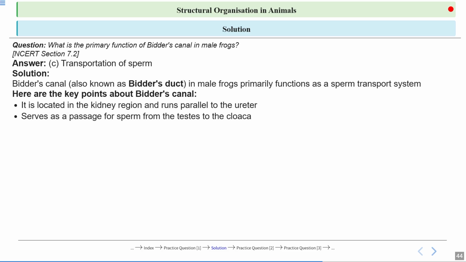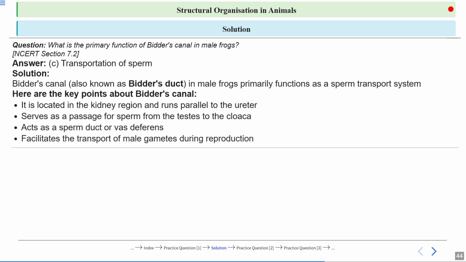Serve as a passage for sperm from the testes to the cloaca. So through this, the sperm passes from the testes to the cloacal region and act as a sperm duct or vas deferens. It can be said that it is an extension of the vasa efferentia. Facilitate the transport of male gametes during the reproduction. So this Bidder's canal is very, very important in the case of frog. It's found in the male frog only.